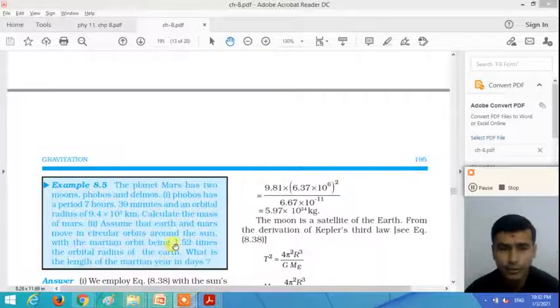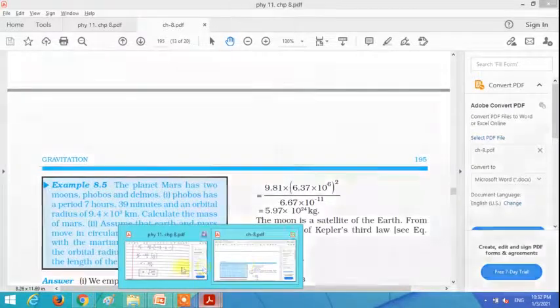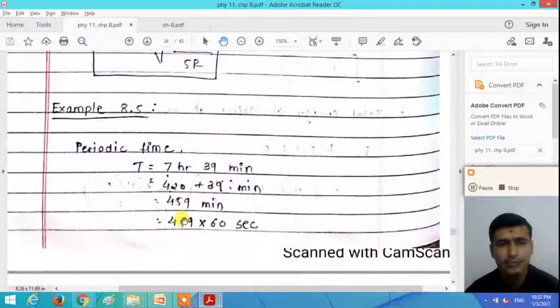Here the comparison of the orbital radius of Earth and Mars is given to you. We need to calculate the periodic time, right? First, the periodic time of the moon of Mars is given, and from that we need to calculate the mass of Mars.